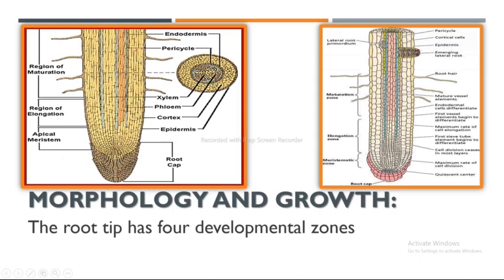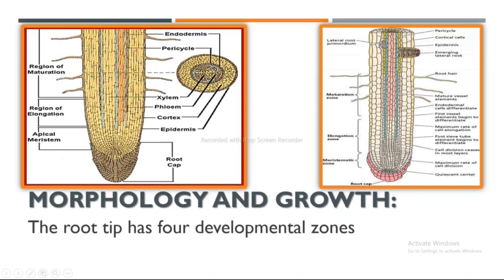And this is the first vessel element which has begun to differentiate. Next is elongation zone. Elongation zone includes the maximum rate of cell elongation, and the first sieve tube element begins to differentiate. And this is where cell division ceases in most layers.